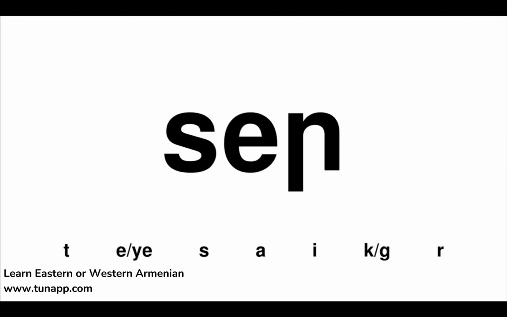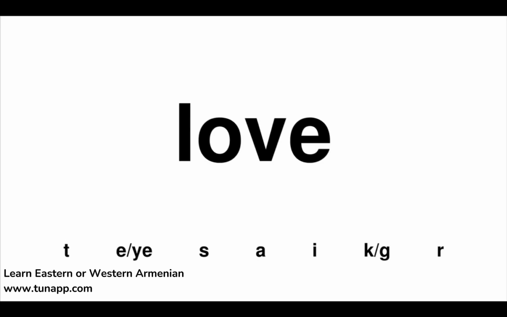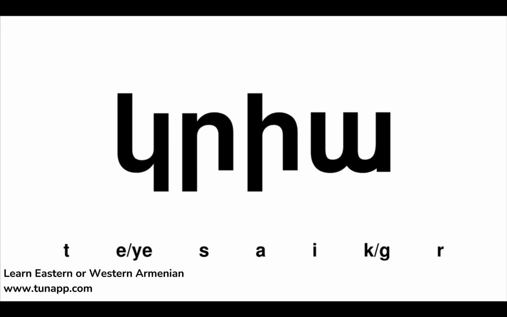E. S, E. What's the third letter we can see? R. Well done. Ser, meaning love. Using the letters that we've learned today, you can now spell ser, meaning love, as well as read it and write it. Love.